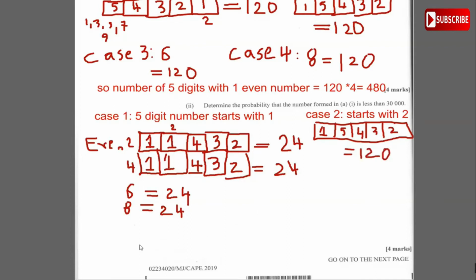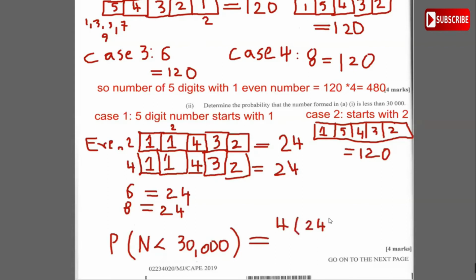So finally, the probability that the number chosen is less than 30,000, that's what they want. The probability is going to be equal to the total amount of numbers less than 30,000, which is 24 plus 24 plus 24 plus 24, which is 4 times 24, plus 120, divided by 480.